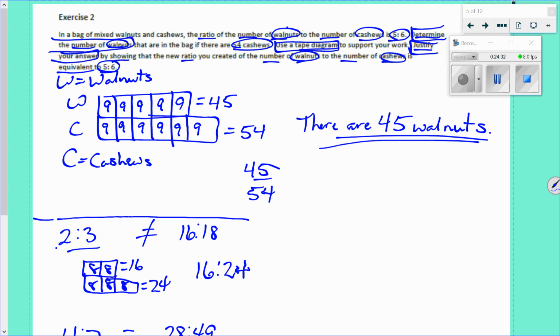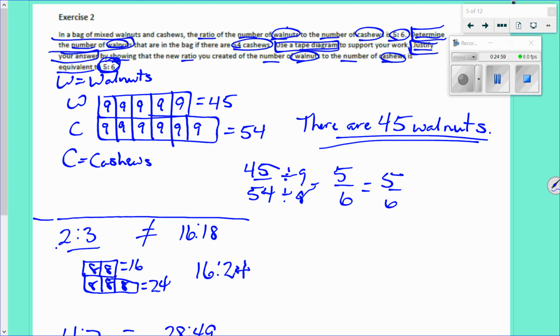I can divide them both by 9. So if I divide them both by 9, I get, geez, my marker's going all over the place, 5 to 6. What was my initial ratio? 5 to 6. So they are equivalent. By the definition of equivalent ratios, I have the same ratio.